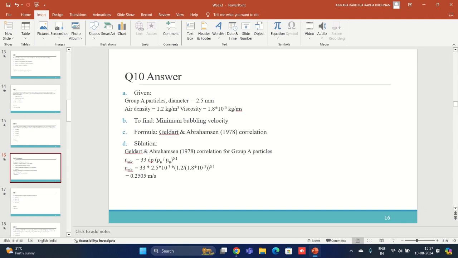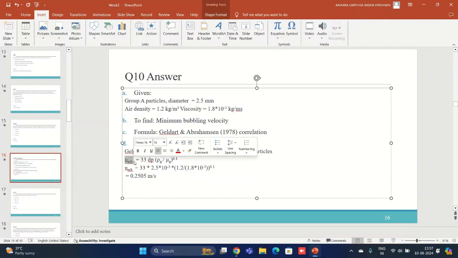For group A particles, UMB is equal to 33 dp into rho g by mu g to the whole power of 0.1. Substituting all the known values, we get the answer as 0.2505 meter per second.